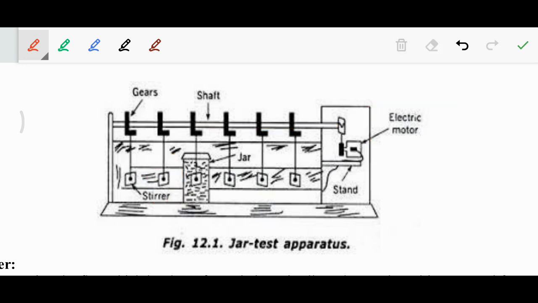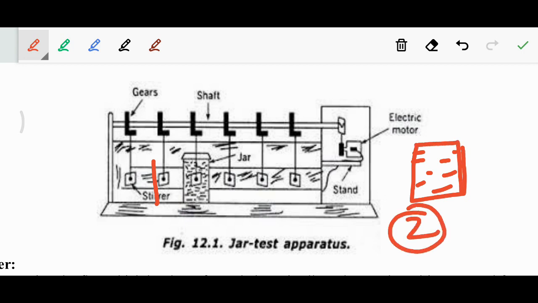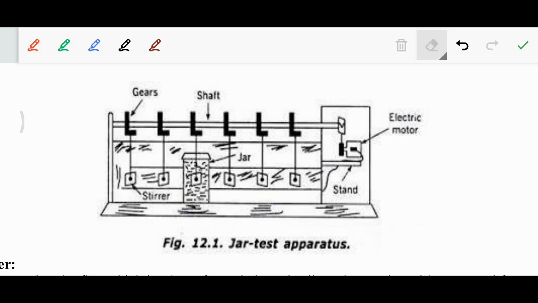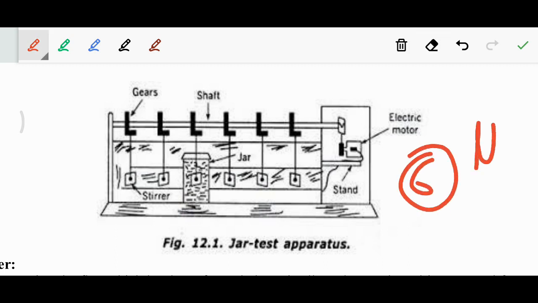To start this experiment, first we'll take water in the beakers with equal quantity. There are 6 beakers, and we are taking 1 liter of water in each.